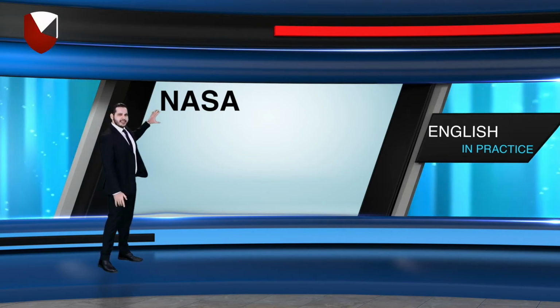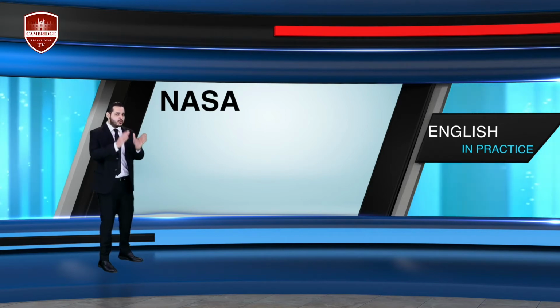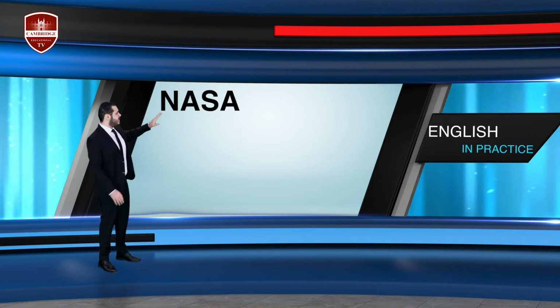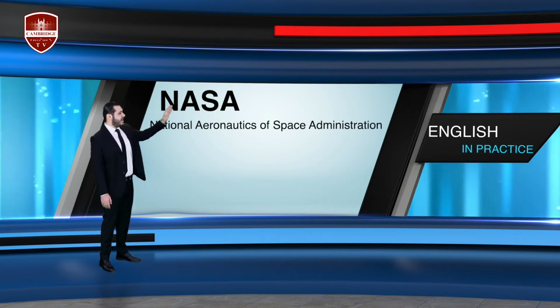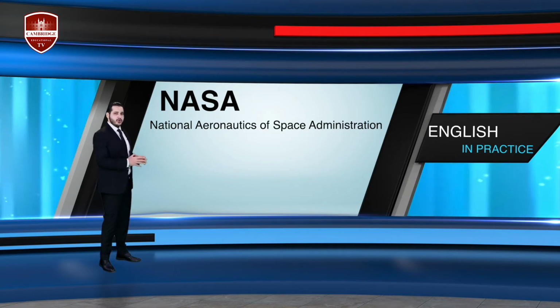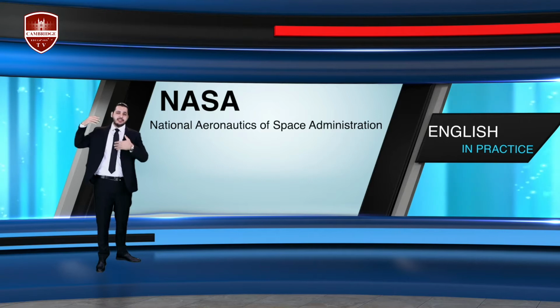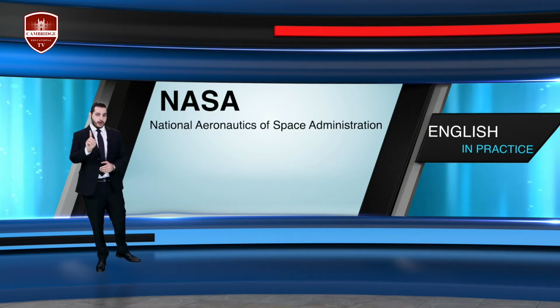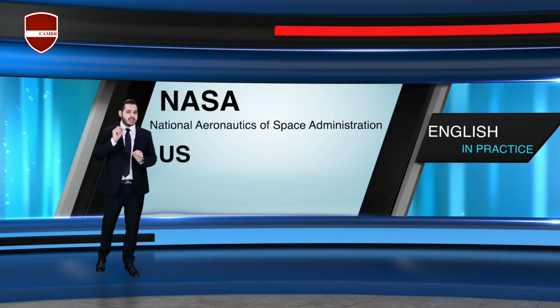Now, what does NASA stand for? This is an abbreviation, right? So it should stand for a group of words. NASA stands for National Aeronautics and Space Administration. It's basically the US organization that is responsible for space travel and space study. Notice that I used US, and notice how I pronounced it.